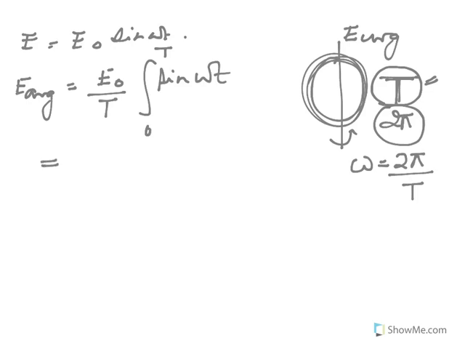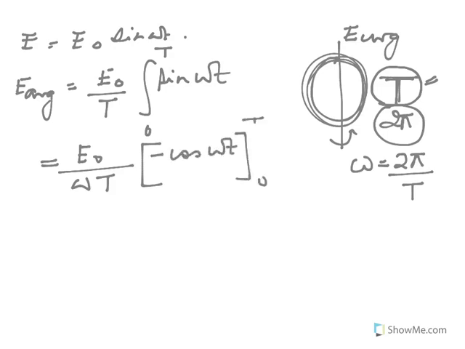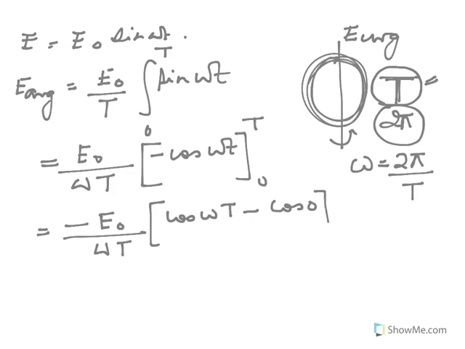So this becomes equal to E0 by omega t and minus cos omega t from 0 to t. So taking the minus out, it becomes minus E0 by omega t into cos omega t minus cos 0.